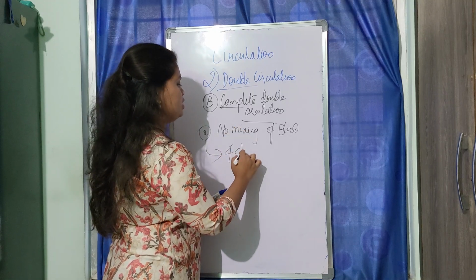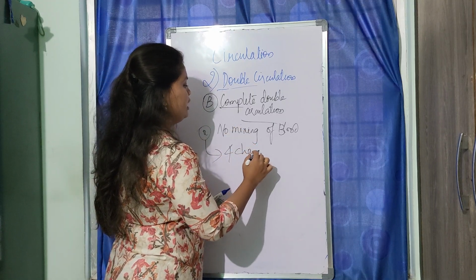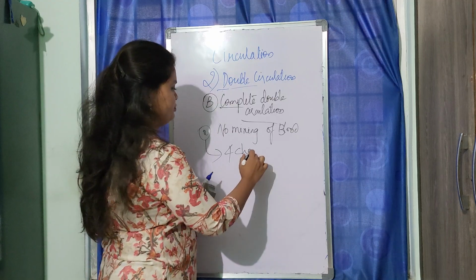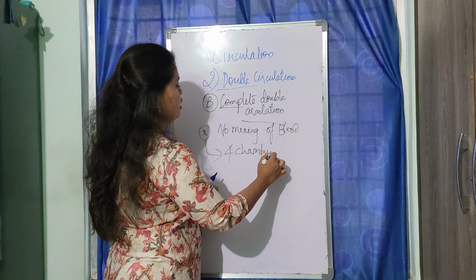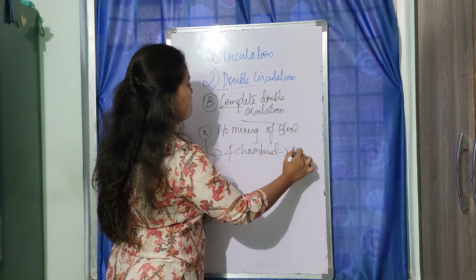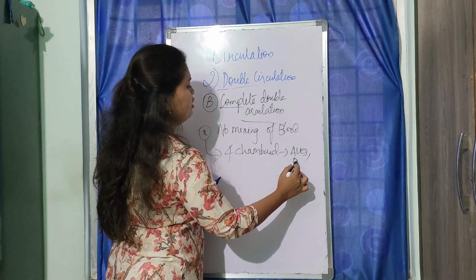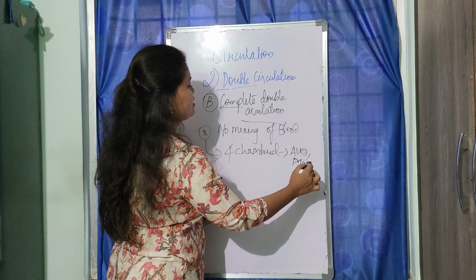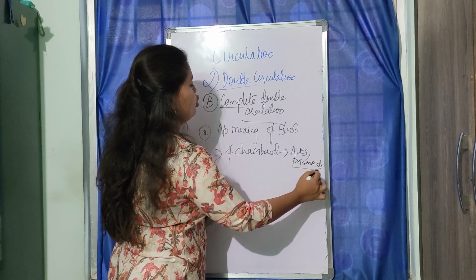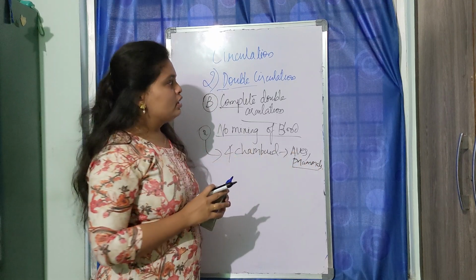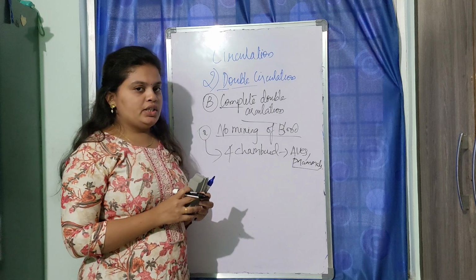This type of circulation is seen only in mammals and apes who have a 4-chambered heart, which makes it possible for no mixing of blood to happen. That is what is seen in double circulation.